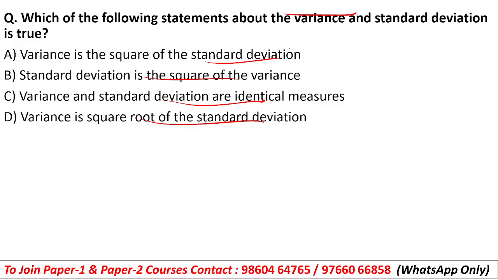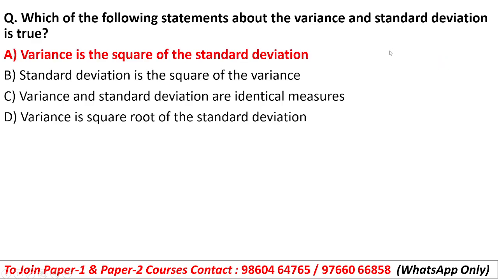So students, variance and standard deviation both belong to variability, but both are different, so identical measures will not be there. Variance is the square root of standard deviation, so this will not be there. Standard deviation is the square of variance, no. Here variance is the square of standard deviation. So variance is equal to sigma square. Generally in this way it is written. So our option number A will be the right answer for this question.